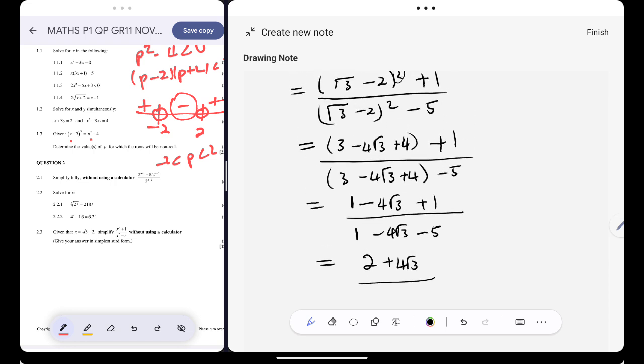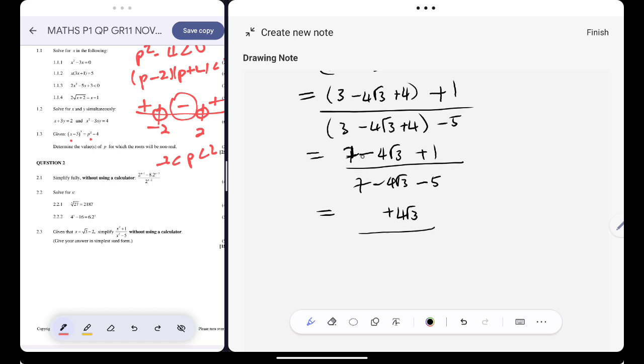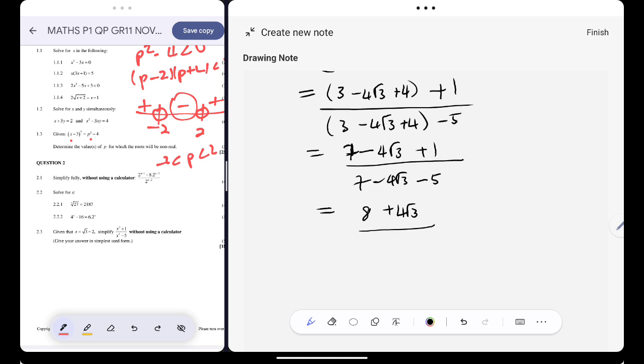I think I made a mistake here. 3 plus 4 is not equal to 1, it's 7. Excuse me for that. Also 7 here, yeah? So at the top I'll have 7 plus 1 is 8. Here 7 minus 5 is 2 plus 4 root 3.